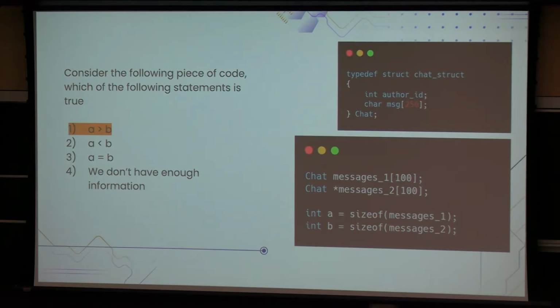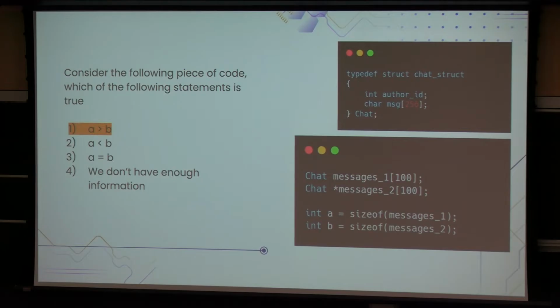Sorry, could you just quickly go over again why A is larger than B? I get how you calculate the size of B, but how you calculate the size of A. So if we were to run sizeof chat, it should be 256, because that's how big our character array is, plus the integer is going to be another 4 bytes. So if we run sizeof chat, it should be 260.